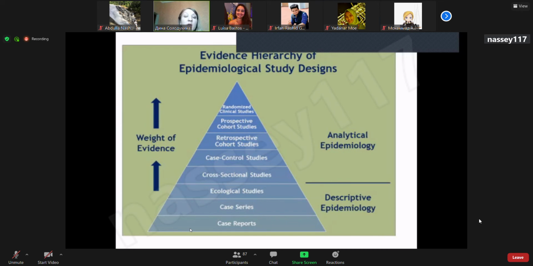They give us the basis for analytical epidemiology: cross-sectional, case control, and cohort studies. And after we are absolutely sure, we can make an experimental design to establish causality in a clinical or in a purely experimental study.